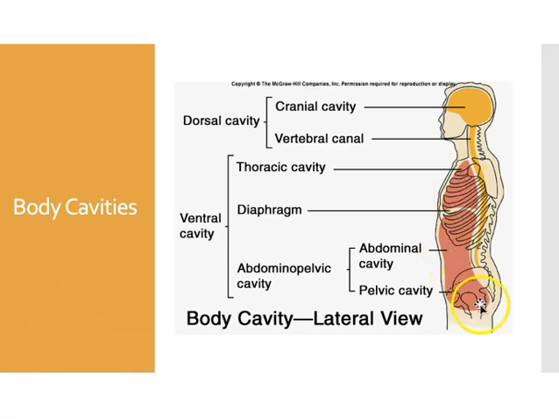The red-orange is the ventral cavity, and it is subdivided into the thoracic cavity and the abdominopelvic cavity, with the diaphragm separating them. Now again, technically, there is both an abdominal cavity and a pelvic cavity, but we often refer to this as the combined abdominopelvic cavity because there is no structure that clearly separates them.